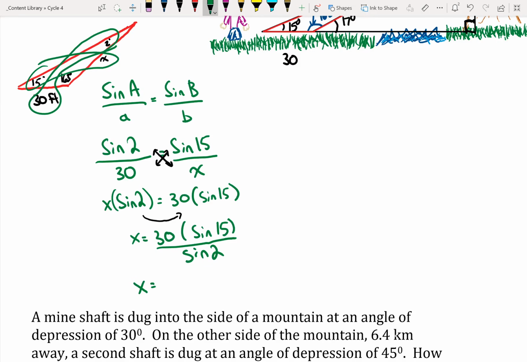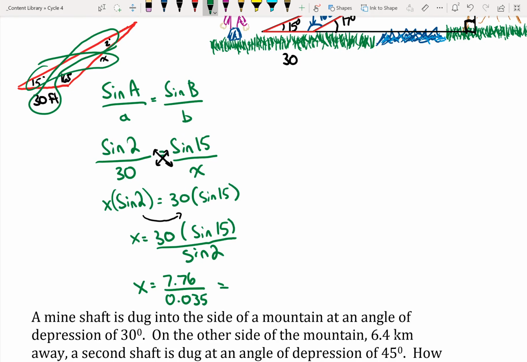If you want to simplify this and do the top first and then the bottom, you can. You can also do it all in one step. It depends on how comfortable you are. So 30 times sine 15 is 7.76. Sine of 2 is 0.035.